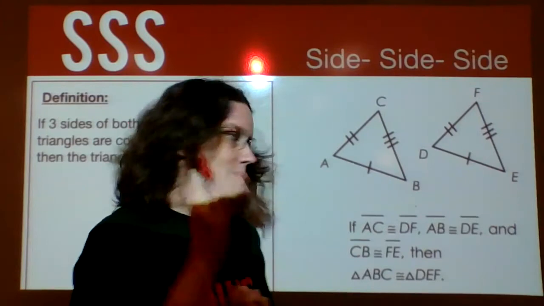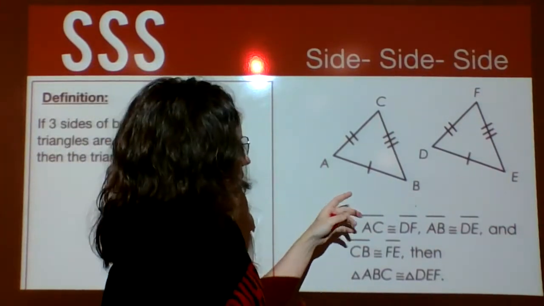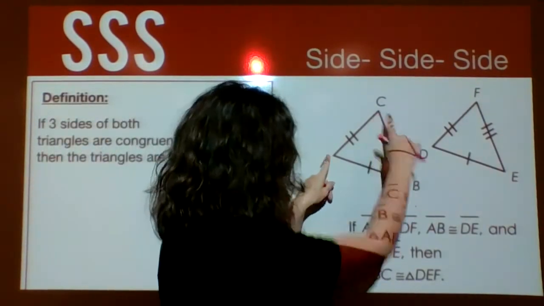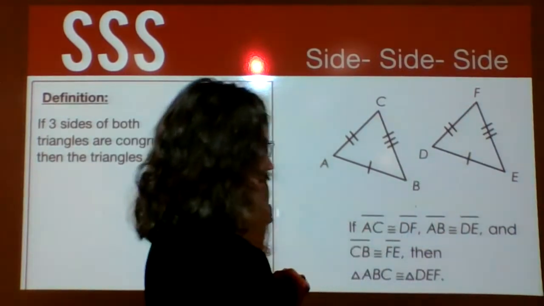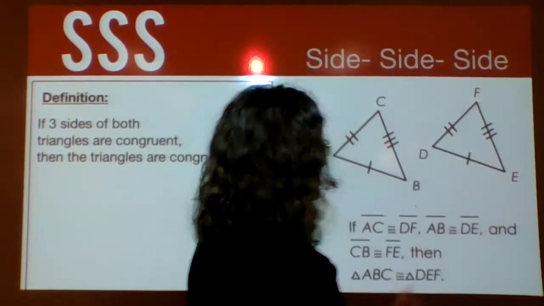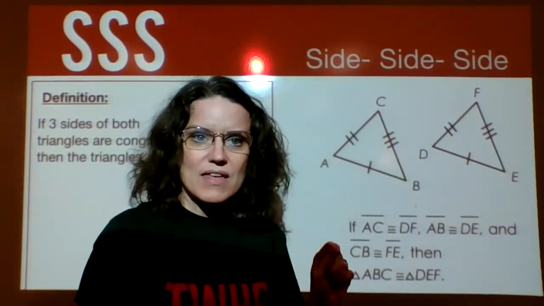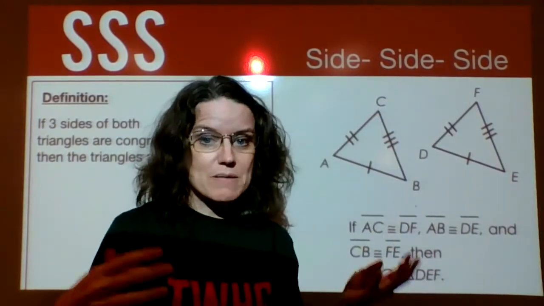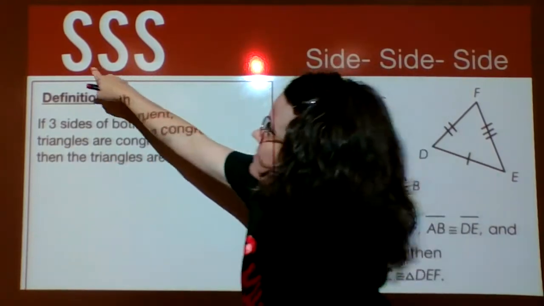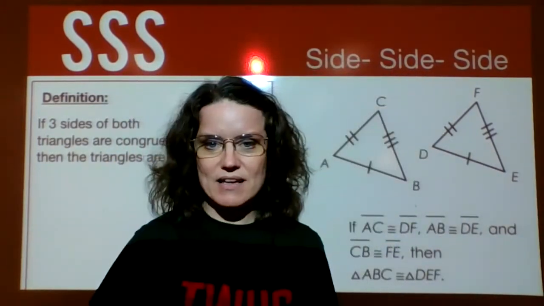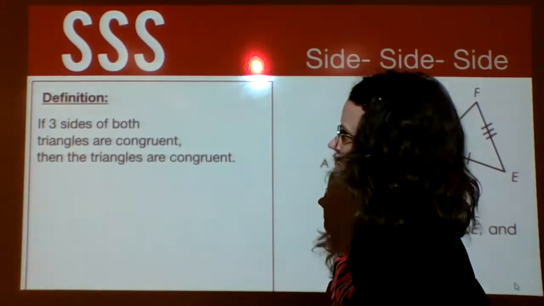So if you looked at these 2 triangles and thought, wow, I have AC is congruent to DF, and AB is congruent to DE, and then CB is congruent to FE, then, oh wow, I've got 3 sides of a triangle. That's side, side, side. I can say that the triangles are congruent.